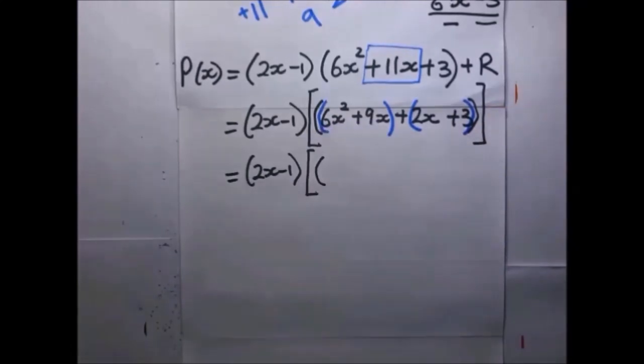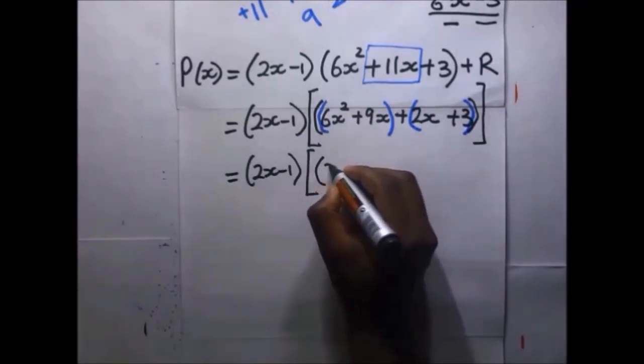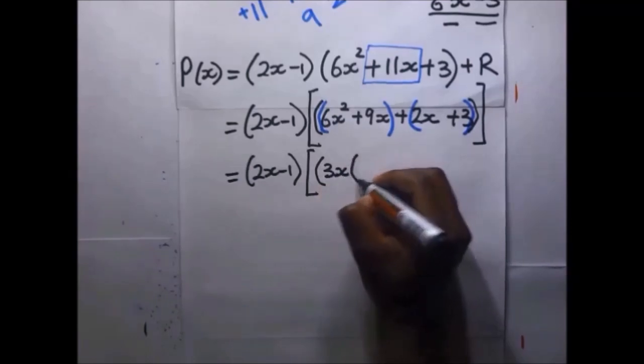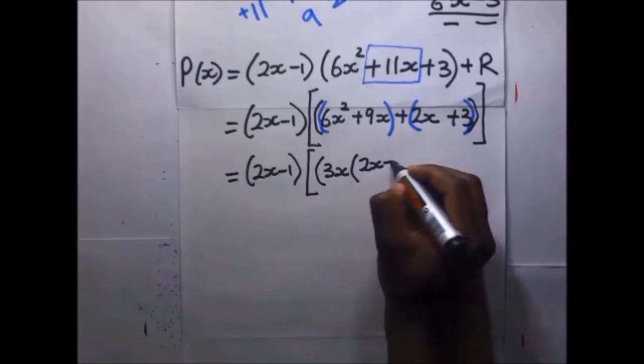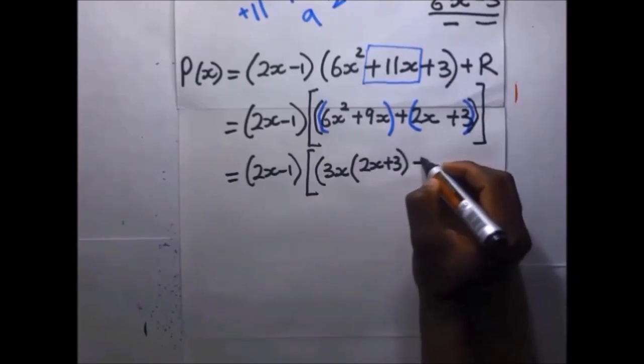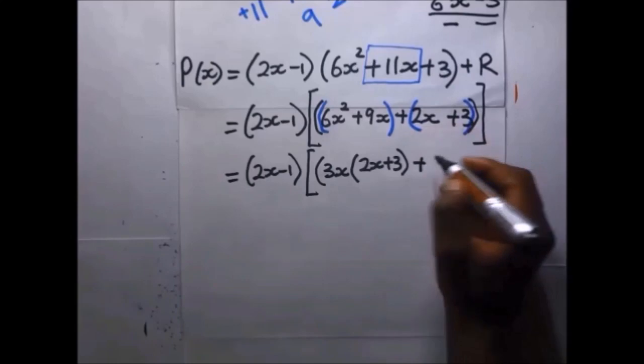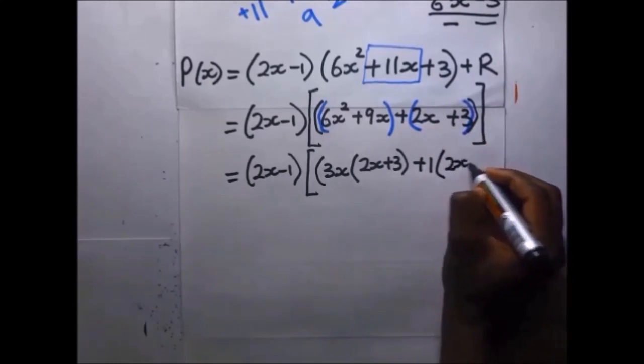So the common factor here is 3x, so we pull 3x out of the brackets, it becomes 3x into 2x plus 3, plus, there is no common factor here, so it's plus 1 into 2x plus 3.